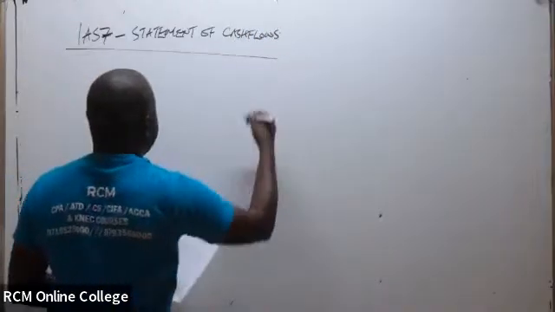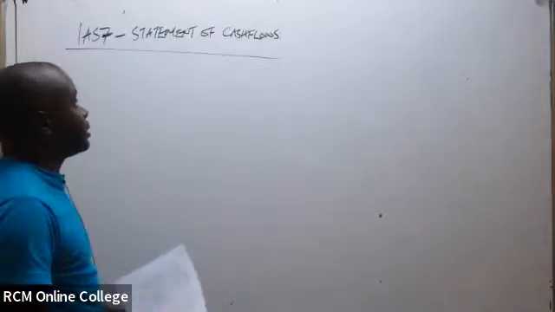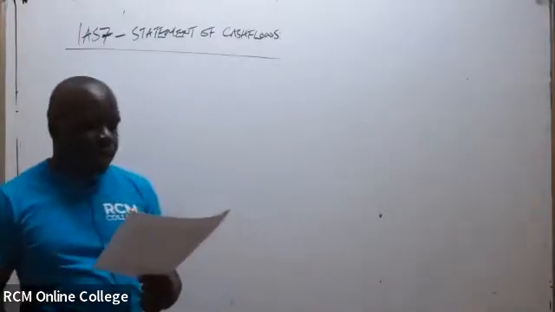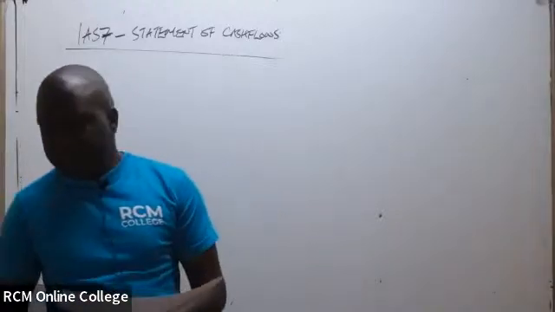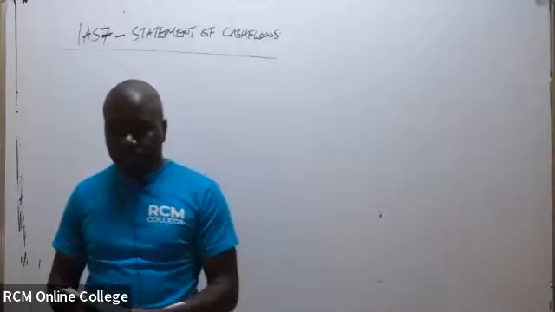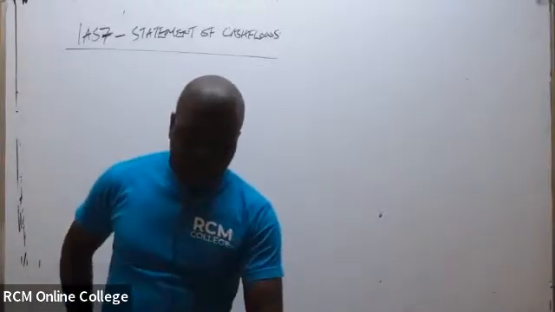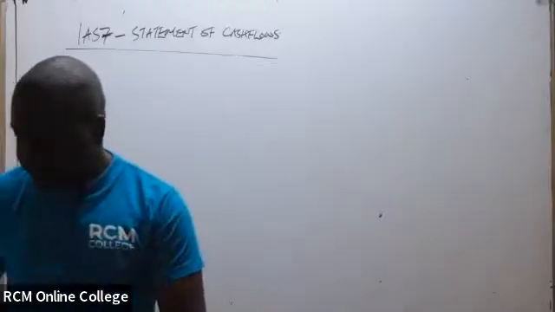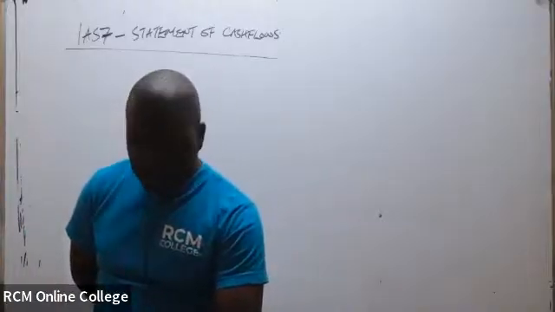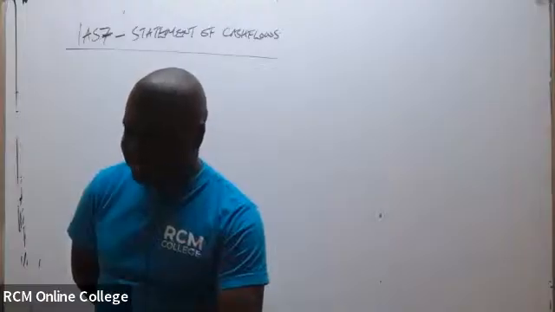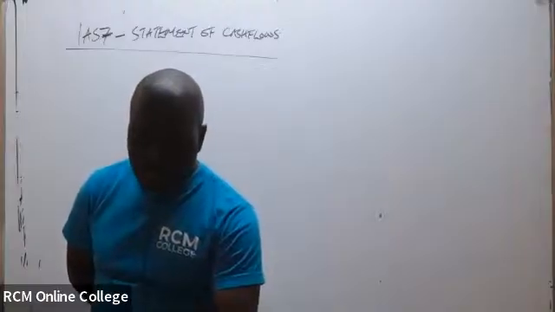You can write this: IAS 7, statement of cash flows. I explained note number 4 over the assignment.